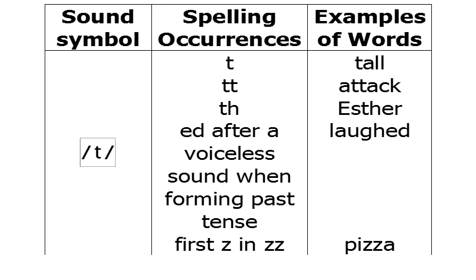So example, tall, t for tall. Then attack. So we have Esther and we have laughed. Look at the ED in that spelling. ED produces t because it follows f, which is a voiceless sound. So we also have pizza. In this case, the t comes from the first Z in the ZZ.